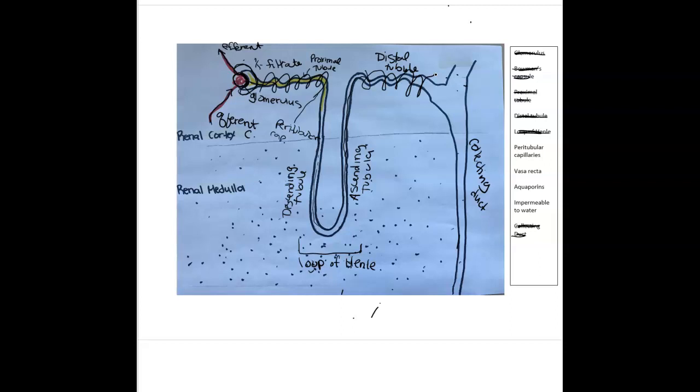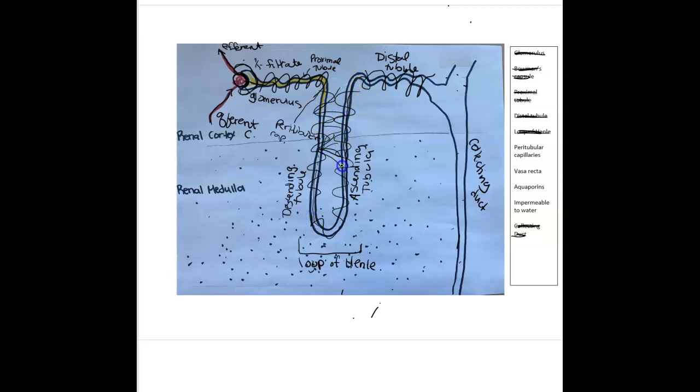And just because it's biology and we have 100 different words for every concept, it's the same idea as they are going around the loop of Henle. Here they're going this way, they're going across, they're all over.